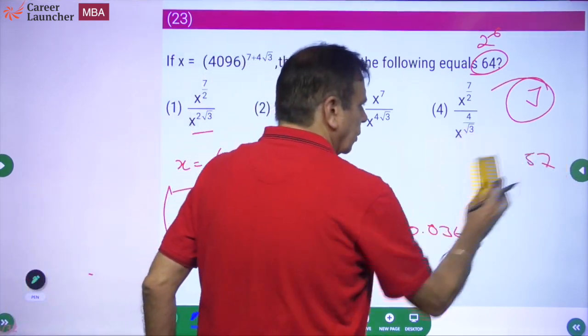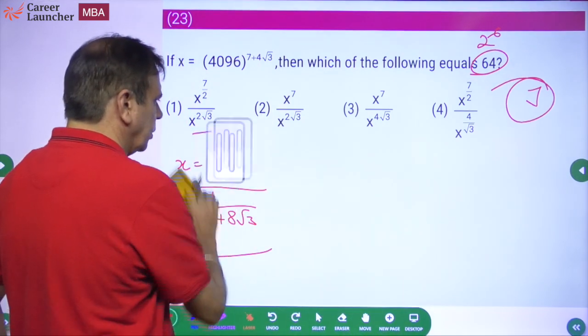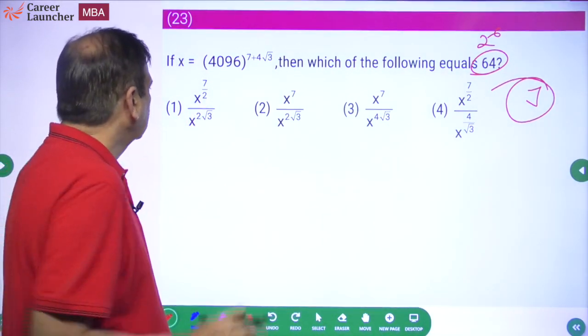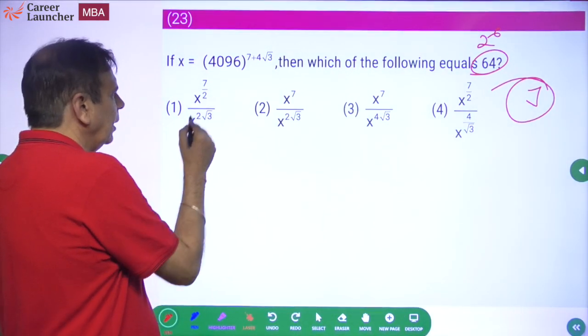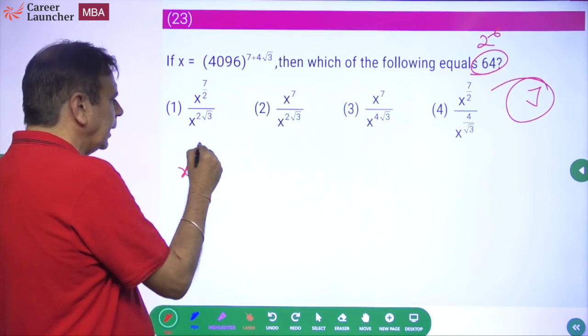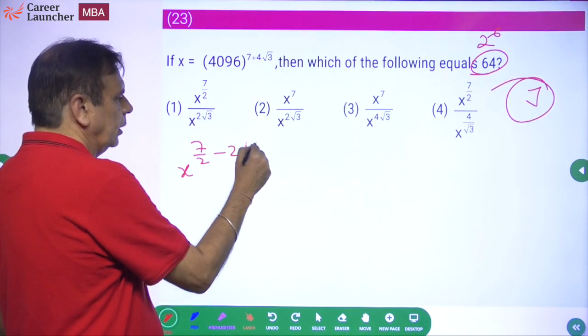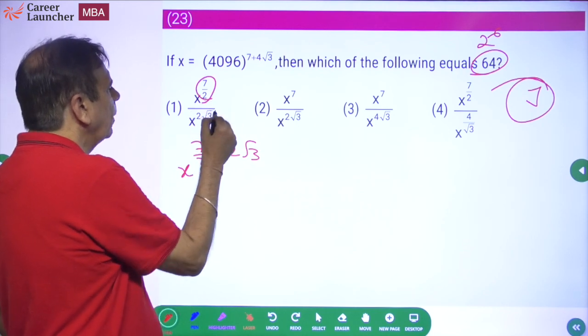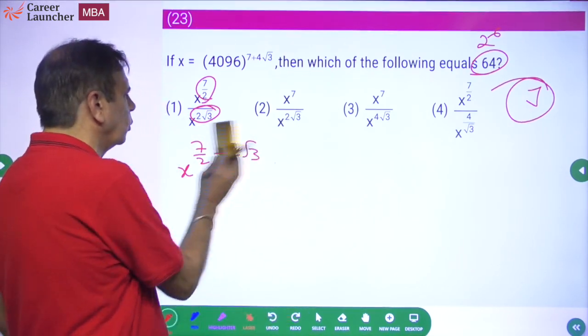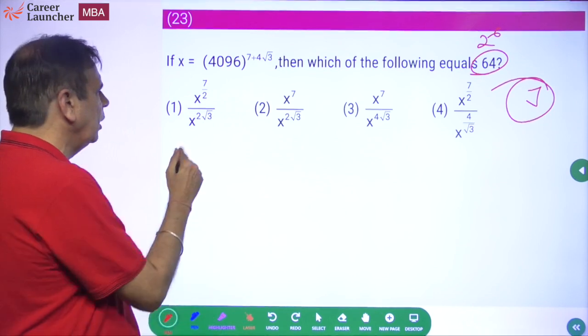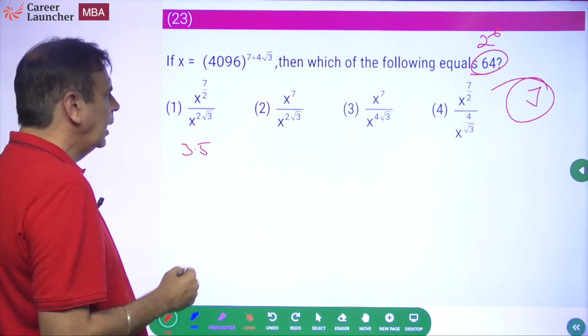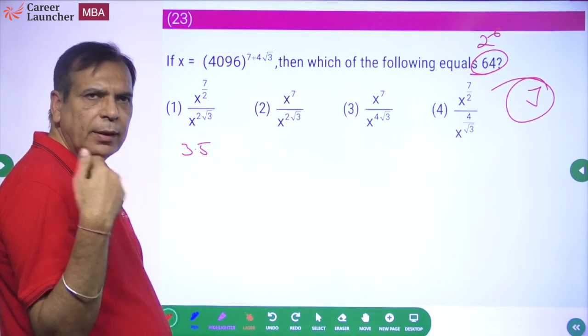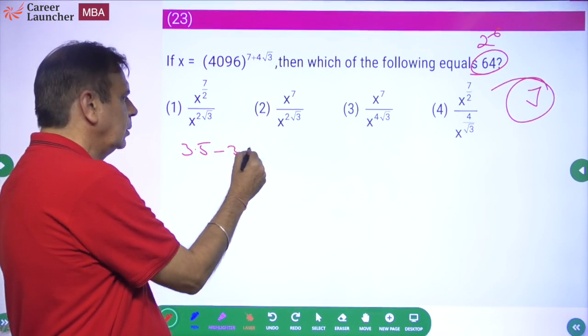So now check the choices. Now let's look at the choices. What is choice 1? So it is after all nothing but x to the power 7 by 2 minus 2 root 3. So I need to do this minus this. So let's do that for all the 4 choices. 7 by 2 is 3.5 and 2 root 3, 1.73 into 2, 3.46.